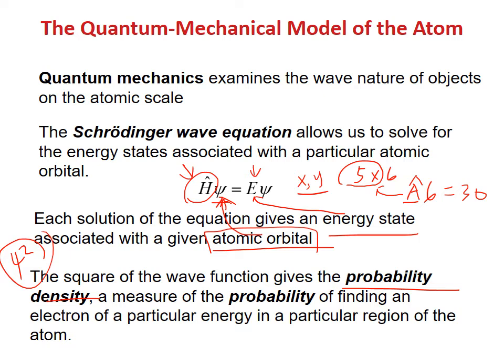So in essence, by solving the Schrödinger equation, you find the energy of the hydrogen atom, and you find the probability density of the electron in space.